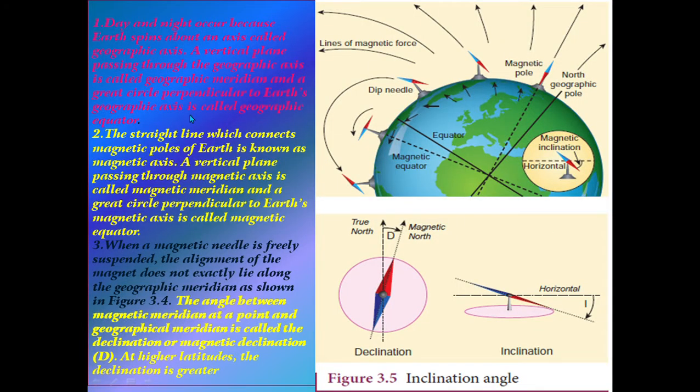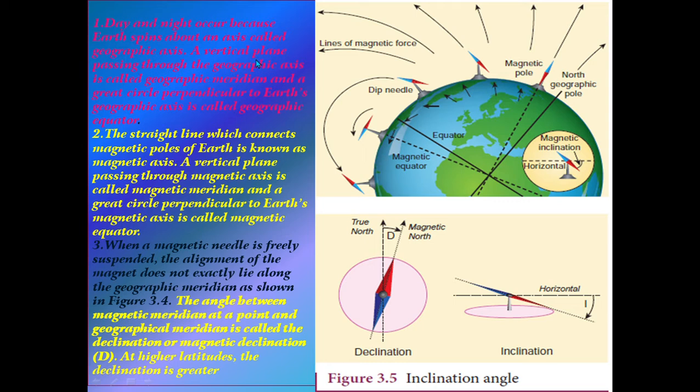The next three important points: days and nights occur because the Earth spins about an axis called the geographic axis. So geographic axis means the axis about which the Earth spins. A vertical plane passing through the geographic axis is called the geographic meridian. What is meant by geographic meridian?